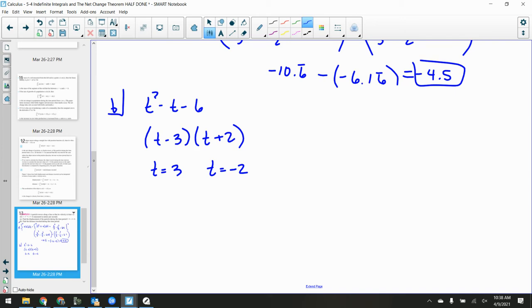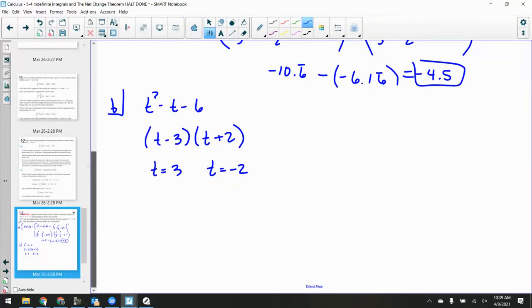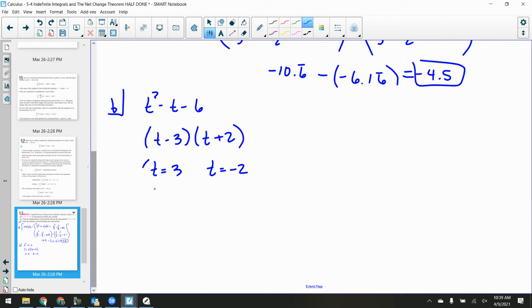I'm only looking at the time period 1 to 4. 3 is within time 1 to 4. This one is the only one that I care about. I don't even worry about the negative 2.